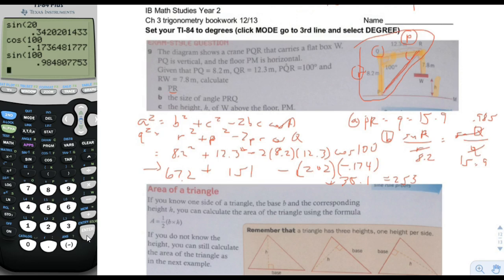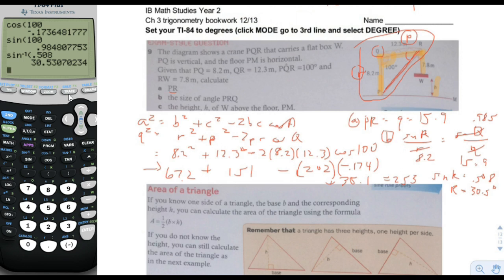And so the sine of R is going to be equal to 0.508. Okay? And then we can take the inverse sine of that to find R. It's 30.5 degrees. Okay, so that is the answer to part B.